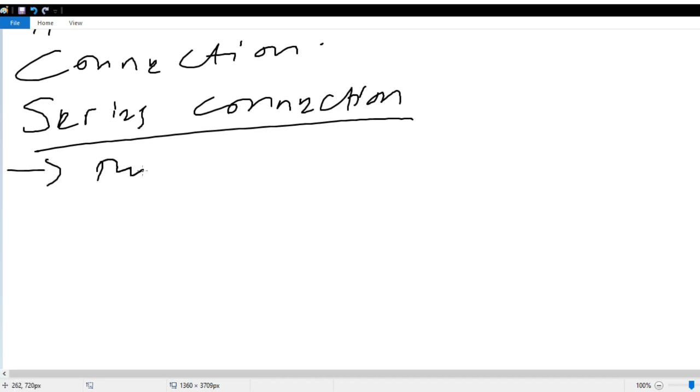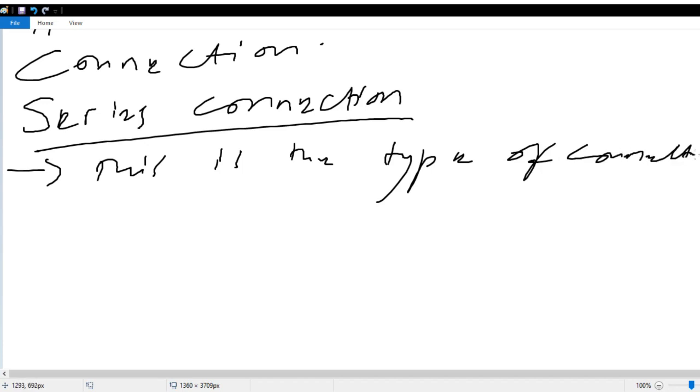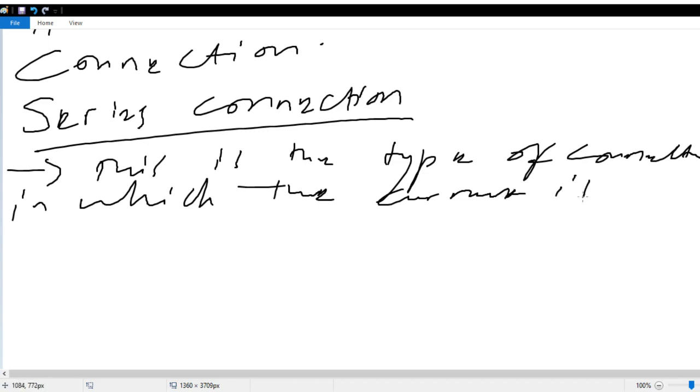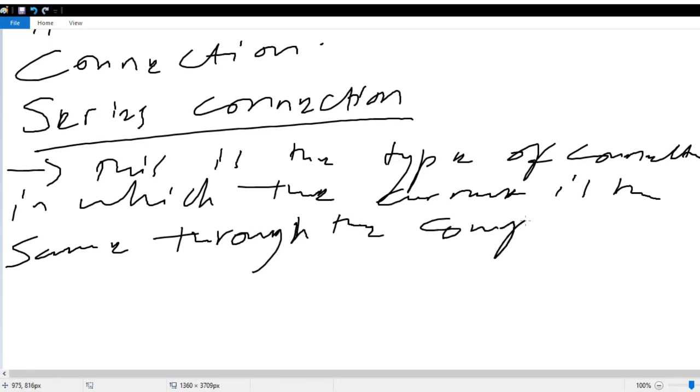This is the type of connection in which current is the same through components. That's the definition of a series connection.